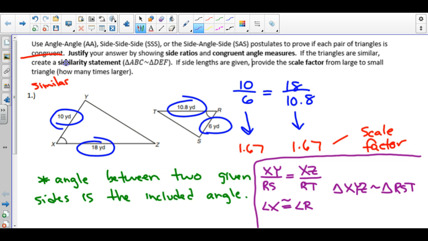And I believe that answers everything. So I created a similarity statement, and I provided the scale factor, I gave the side ratios, and I gave my congruent angle measures. So that problem is done. These triangles are similar by side, angle, side, so I'll even write that below. That SAS, side, angle, side postulate means that these are similar.